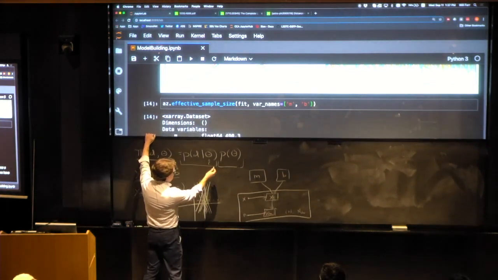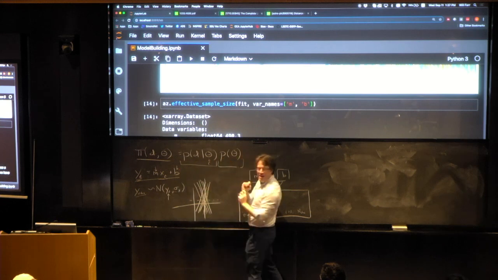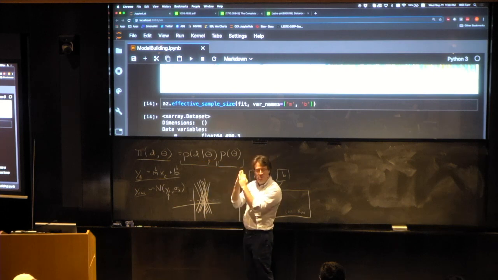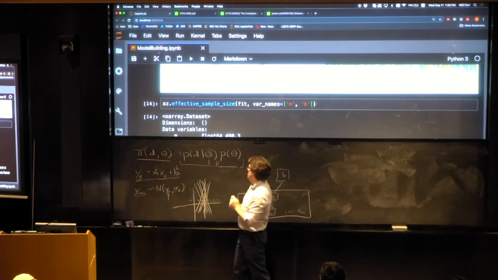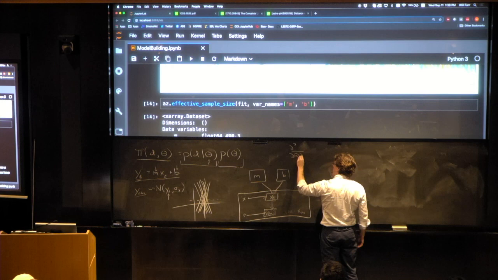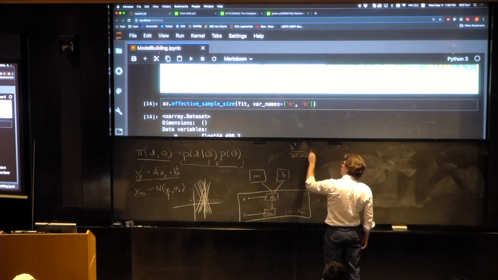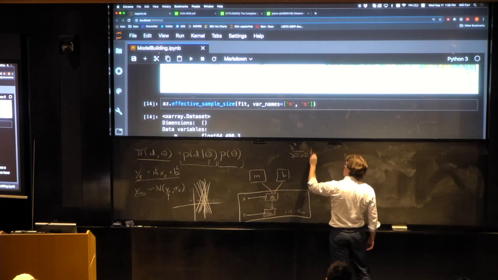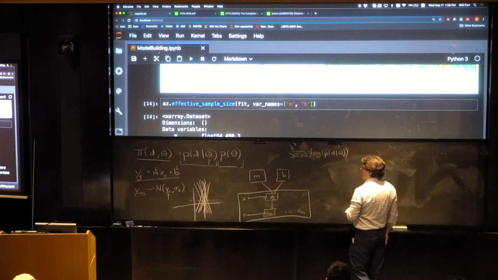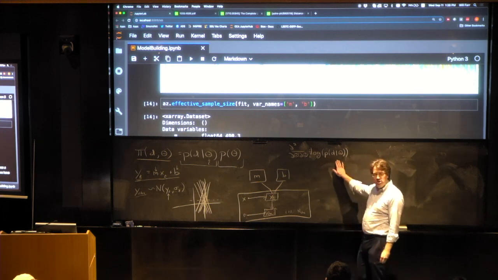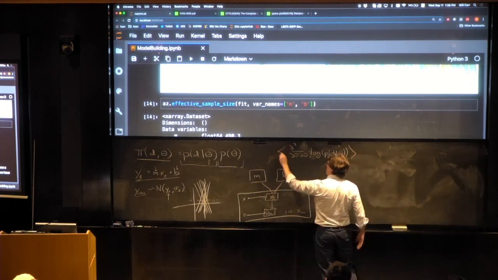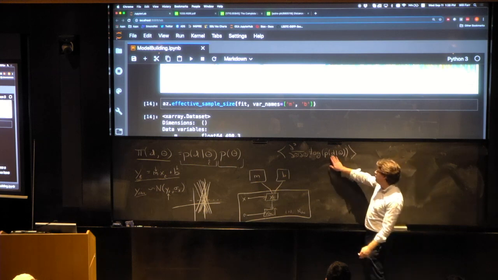If you take, the overall distribution is a product of these two things. What we want to know is how narrow is this in parameter space, right? So if you take two derivatives of the log of this function and then put it inside an expectation value, okay, so this is a distribution over data.